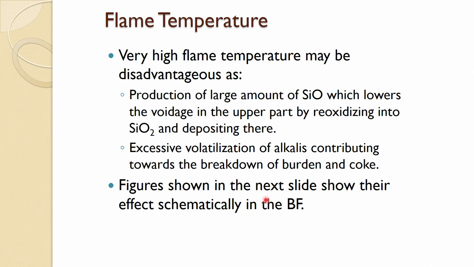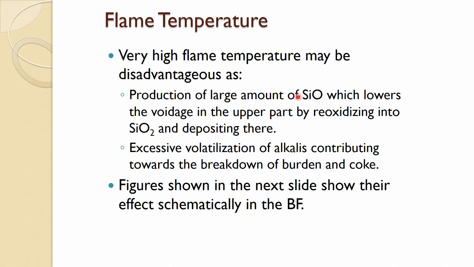Now, we will talk about another parameter, that is flame temperature, which also affects the productivity of the blast furnace. So, very high flame temperature may be disadvantageous, because as you have a high flame temperature, a large amount of SiO is produced.